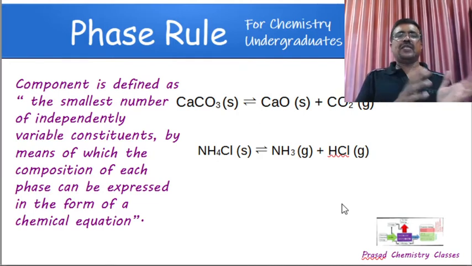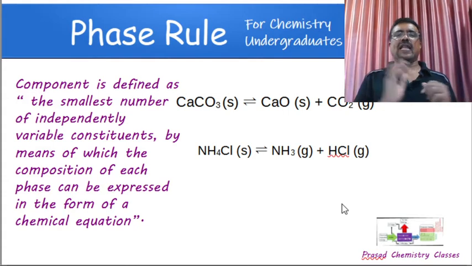You can choose any two among the three chemical species there. Suppose we choose calcium carbonate and calcium oxide. So the calcium carbonate phase is calcium carbonate plus 0 calcium oxide. In that way we can express the composition.